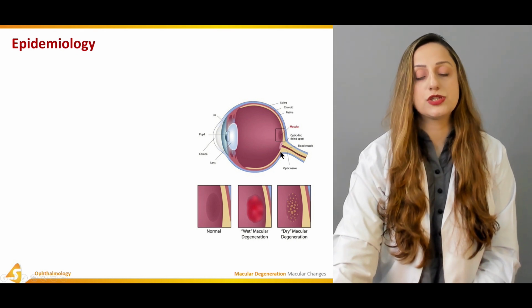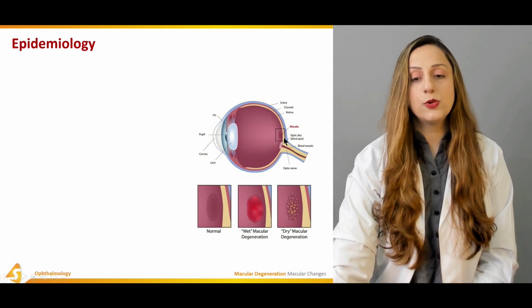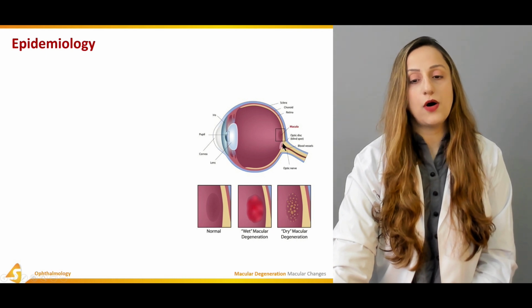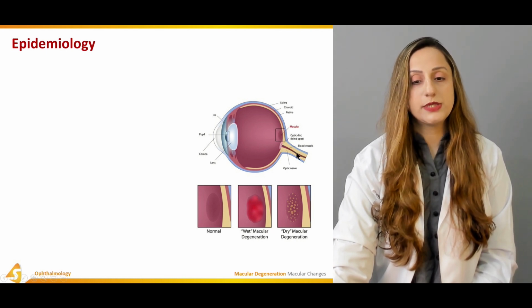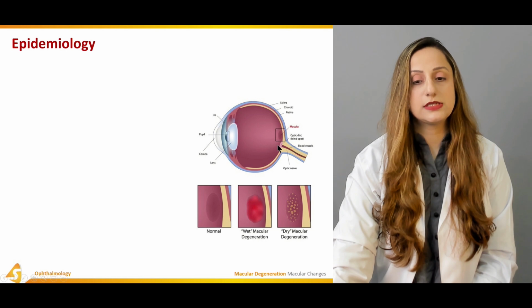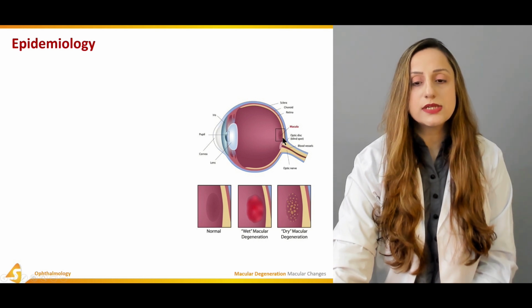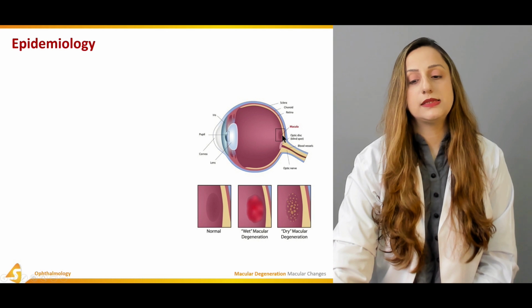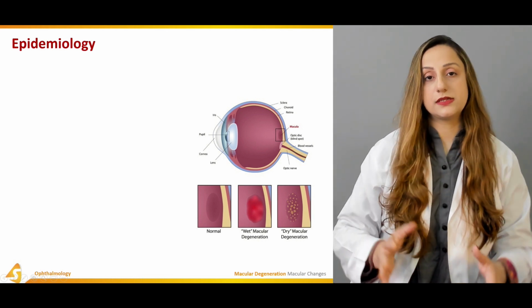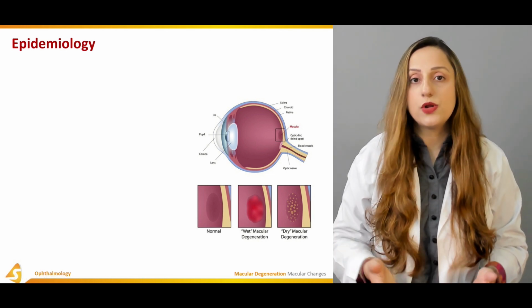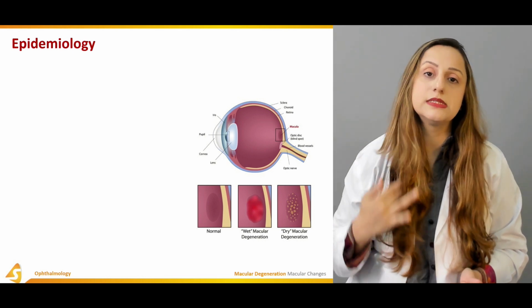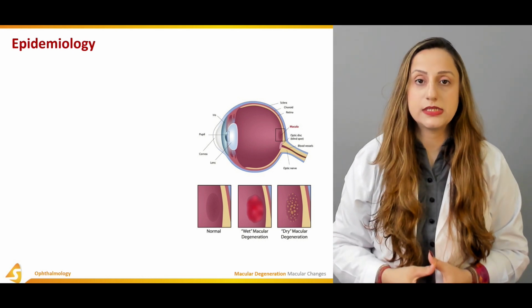Over here, you can just observe the location of the macula. This is the optic disc where the optic nerve is going to enter into the retina, and then we have the macula just situated slightly above this optic disc, or the optic nerve that is present at the back of the retina.